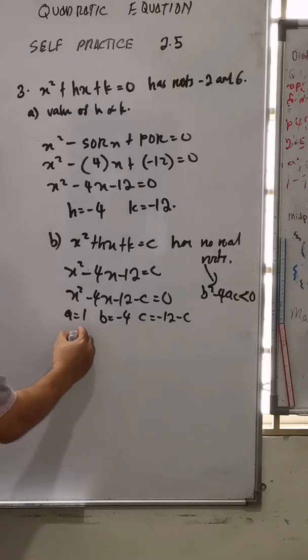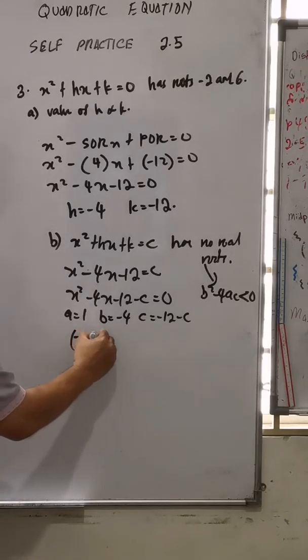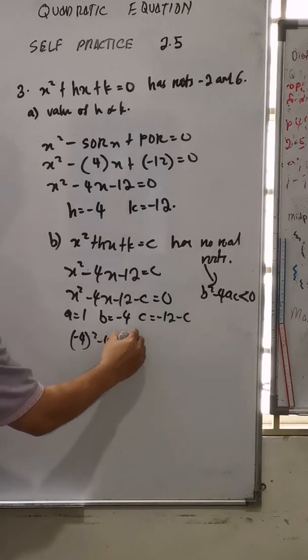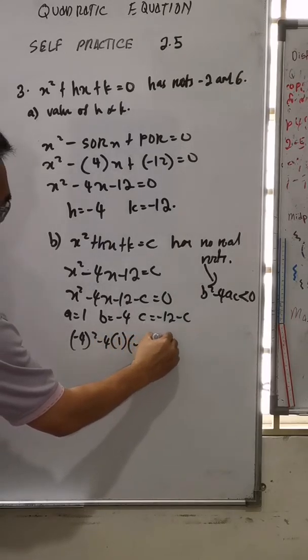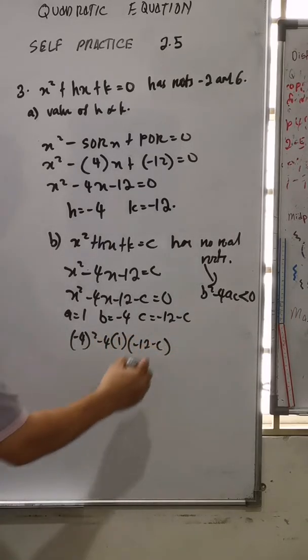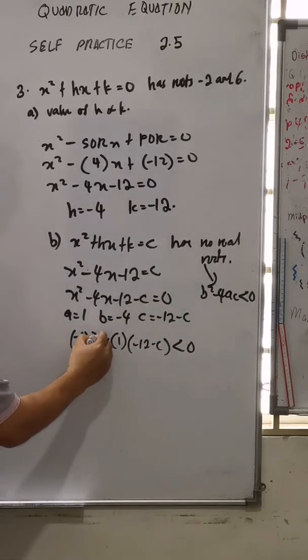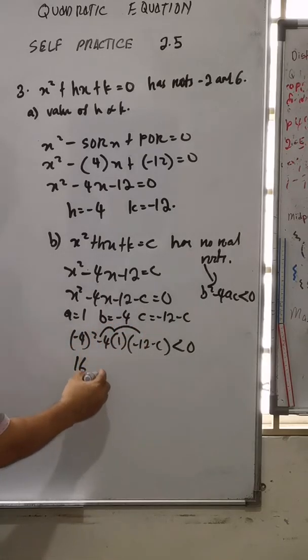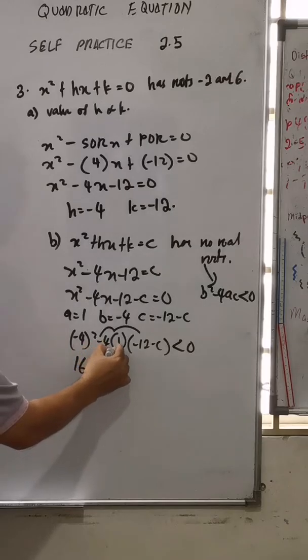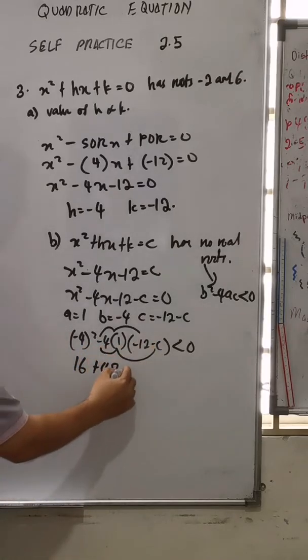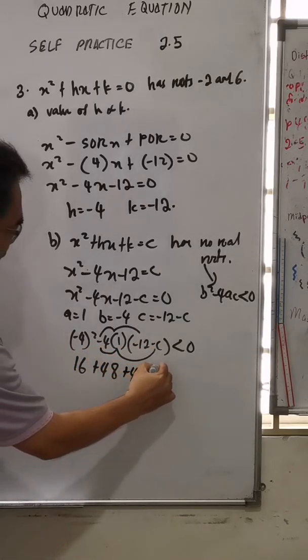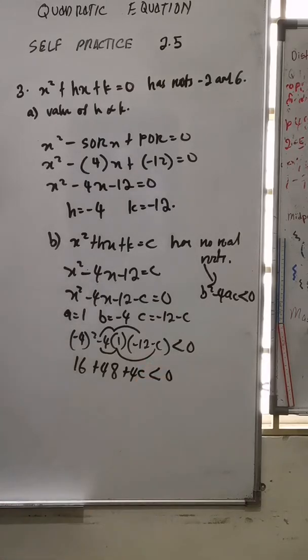So b squared minus 4ac less than 0, with b equal to negative 4: negative 4 squared is 16. Negative 4 times 1 times negative 12 will be positive 48. Negative 4 times 1 times negative c will be plus 4c, less than 0.